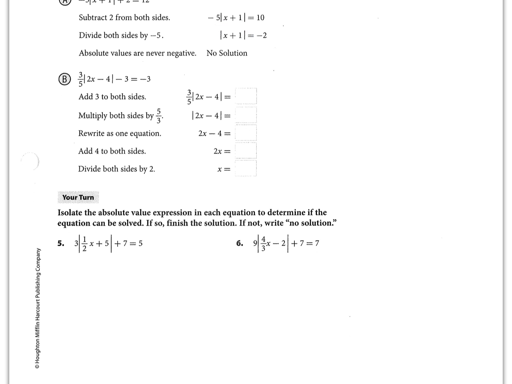B, first they add 3 to both sides, so that gives them 0. Then they multiply both sides by 5/3. That's the same as dividing by 3/5. The 5's divide out, the 3's divide out, so they're left with the absolute value of 2x minus 4. And if you multiply 5/3 times 0, you still get 0.